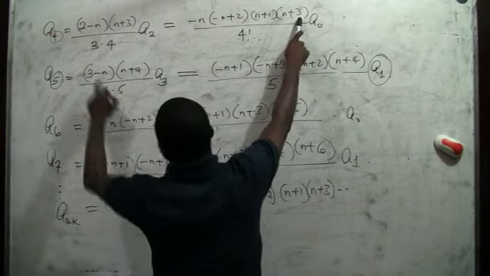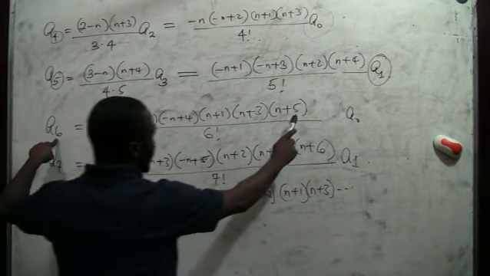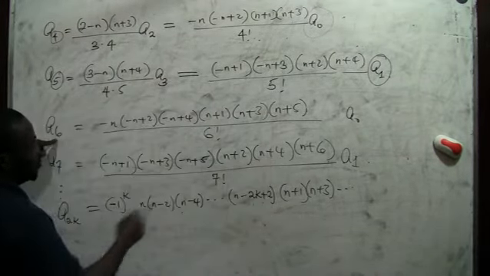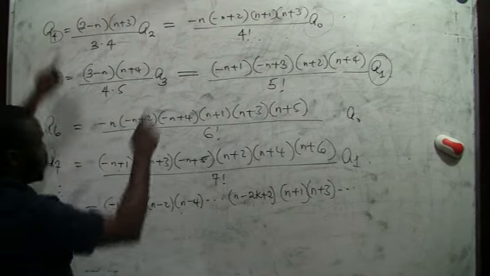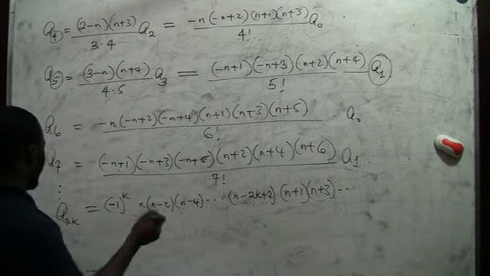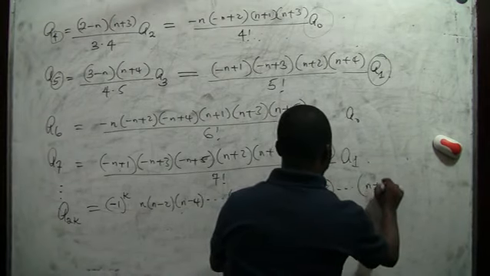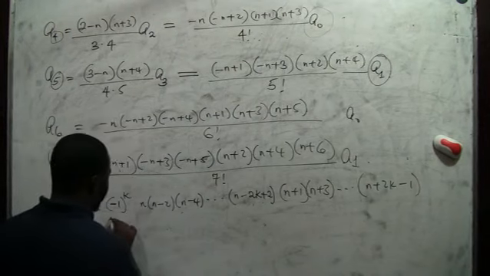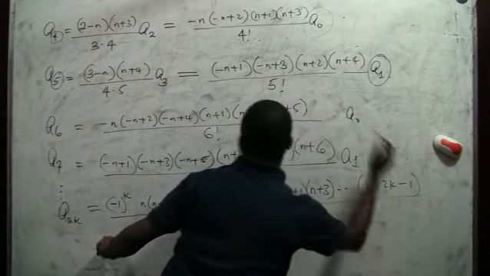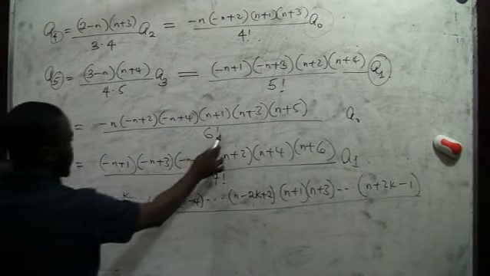This is 3, this is 4, the difference is 1, this is 6, this is 5, the difference is 1. That means that we have what we have here, which is 6 minus 1, 4 minus 1, and that gives n plus 2k minus 1, all divided by 4 factorial, 6 factorial.